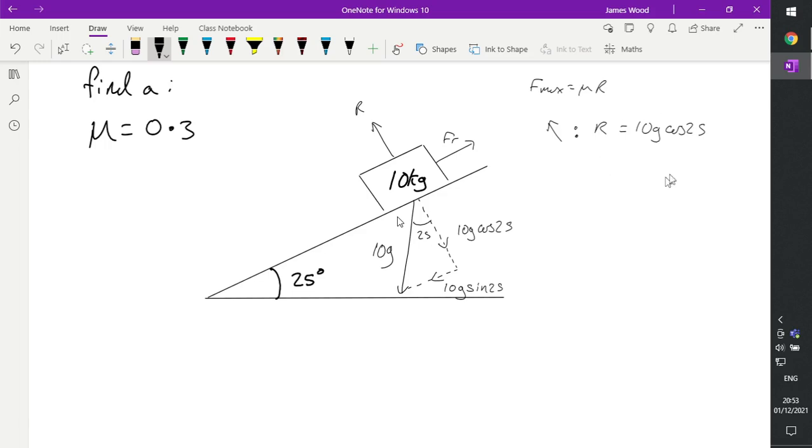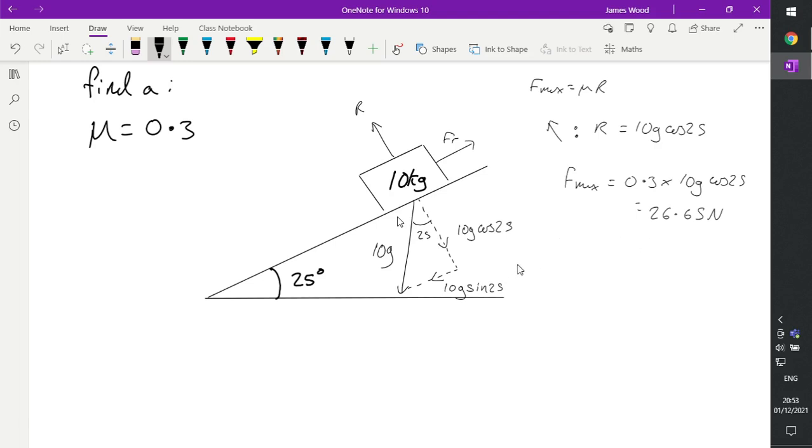So this is our value of R that we can use. So the maximum friction is going to be 0.3 times 10g cos 25, which gives me 26.65 newtons. So that's the maximum friction that I can have available to me.